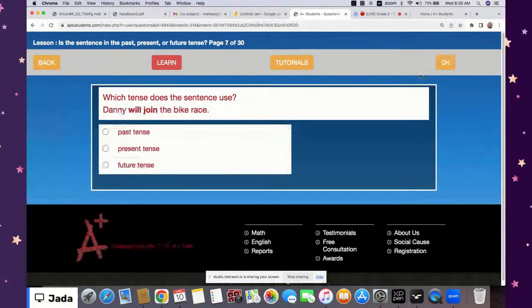Danny will join the bike race. Will join. Past tense, present, or future?